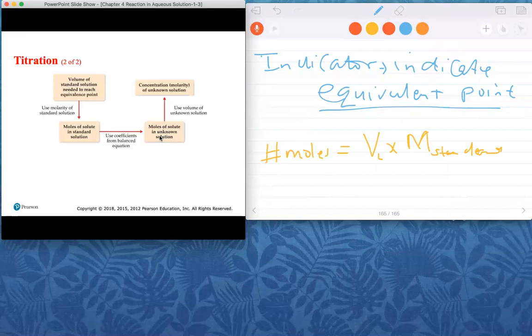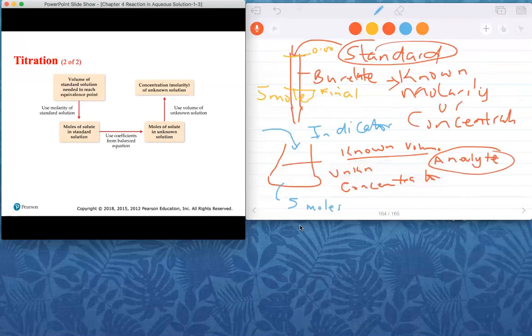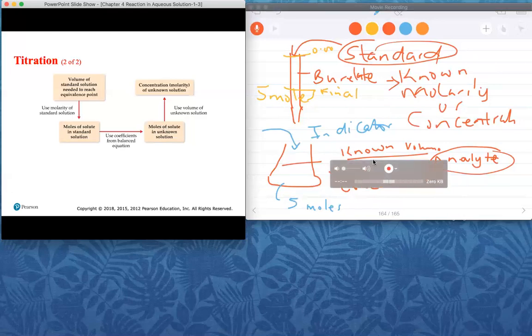For example, here, you can see that I pick 5, that if the mole ratio is 1:1, or the coefficient is 1:1, I'll need 5 and 5 to neutralize that. And then if I started with 5, remember the volume of the analyte, what you are analyzing, is known. You'll always be given that.